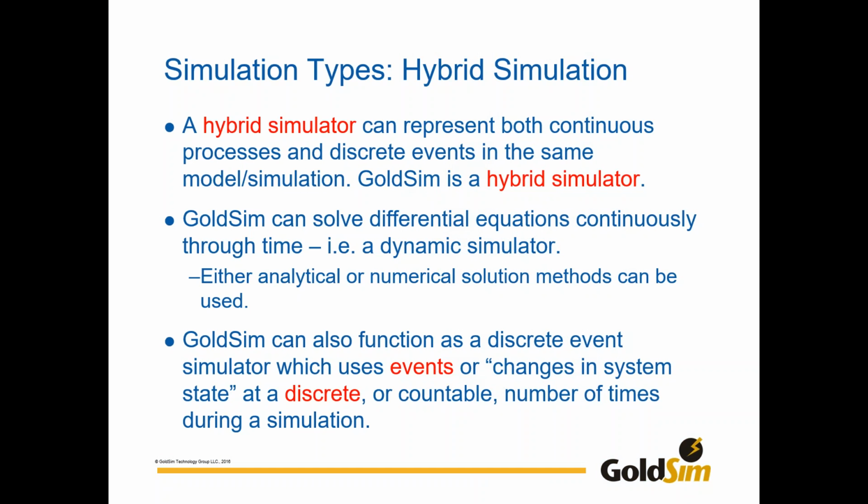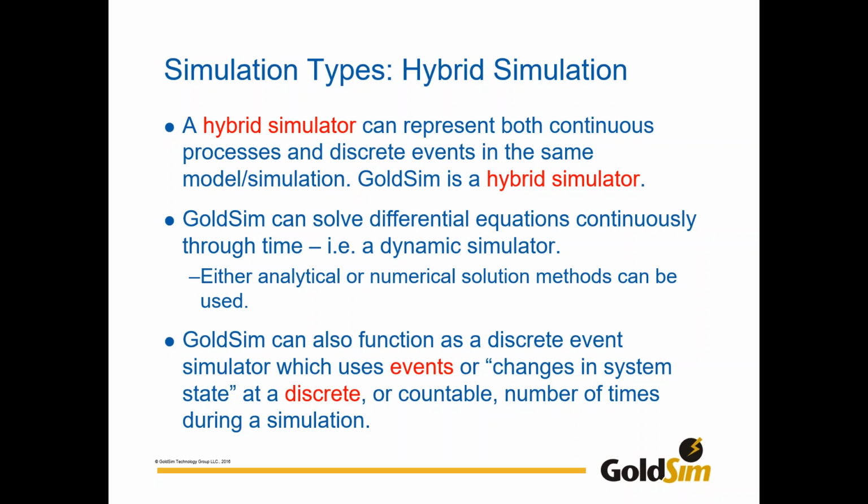Okay, to move on now, we're going to talk about our third simulation type, and this is kind of where we've been setting the stage for to get to through the whole webinar. And so we're going to talk about hybrid simulation. GoldSim is a hybrid simulator in the sense that it can represent both continuous processes and discrete events in the same simulation.